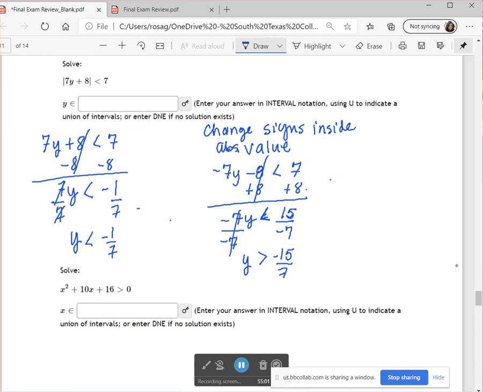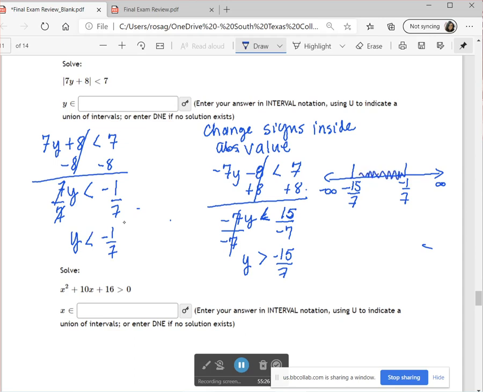Now, when it comes to the interval, I do graph them first because it makes it easier to see. You have to be careful which one is the smallest of the two. The smallest of the two is negative 15 over 7, and then the negative 1 over 7. When it comes time to graph, I'm going to look at the negative 1 over 7, and you see the arrow is pointing to the left, so that's where I'm going to shade.